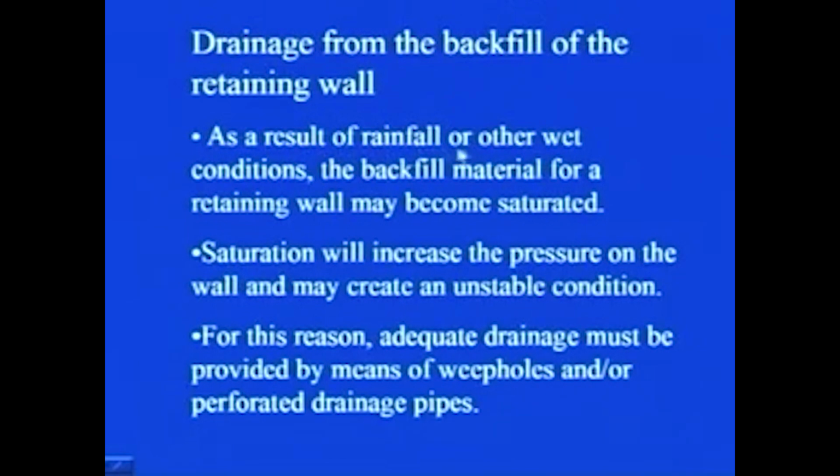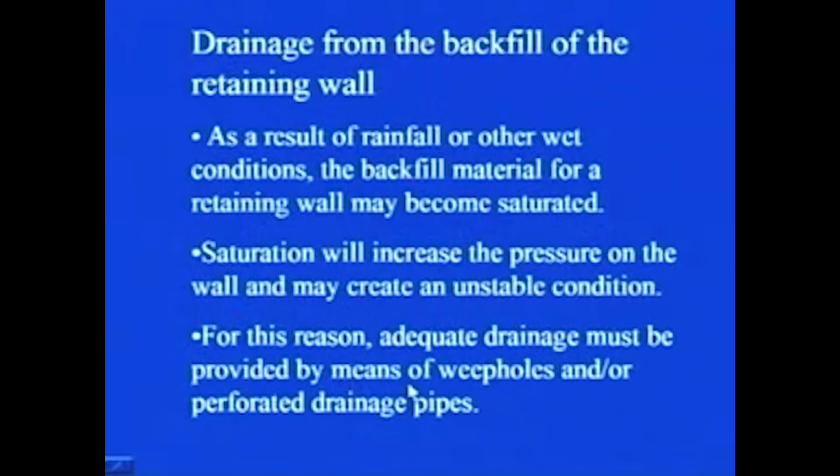As a result of rainfall or other wet conditions, the backfill material for a retaining wall may become saturated. This saturation will increase the pressure on the wall and may create an unstable condition, because we have not taken any pore water pressure into account while designing the wall. So, if water is present, additional pressure will be developed, and the wall is not designed for that additional pressure.